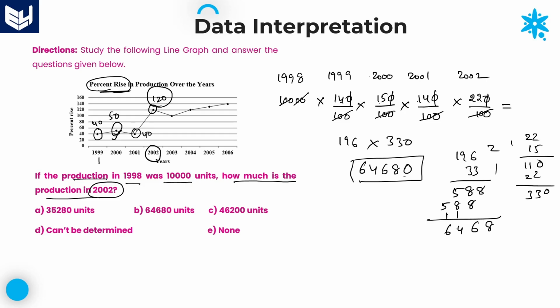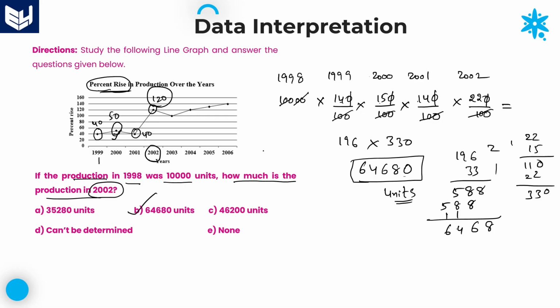That is the production in 2002: 64,680 units. That is our required answer. Looking at the options, option B is the right answer for this question.